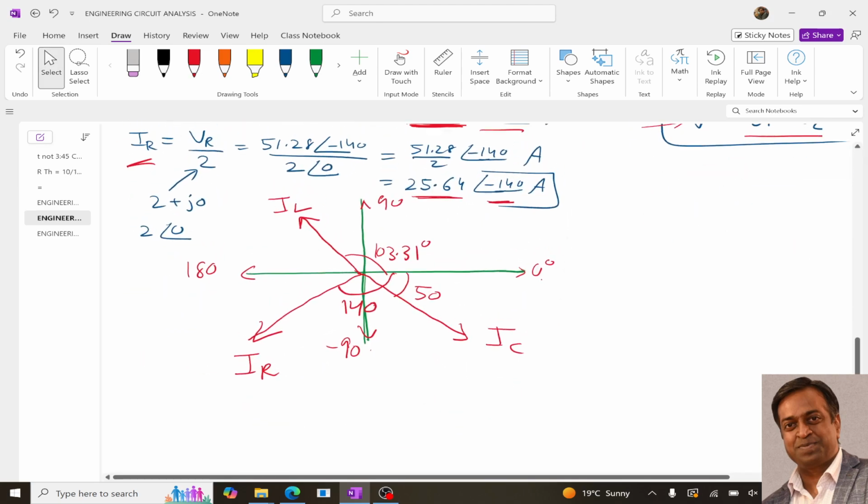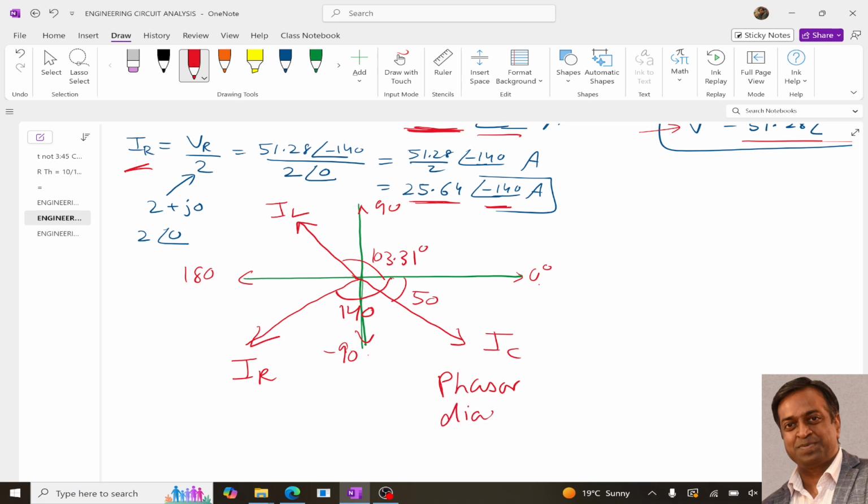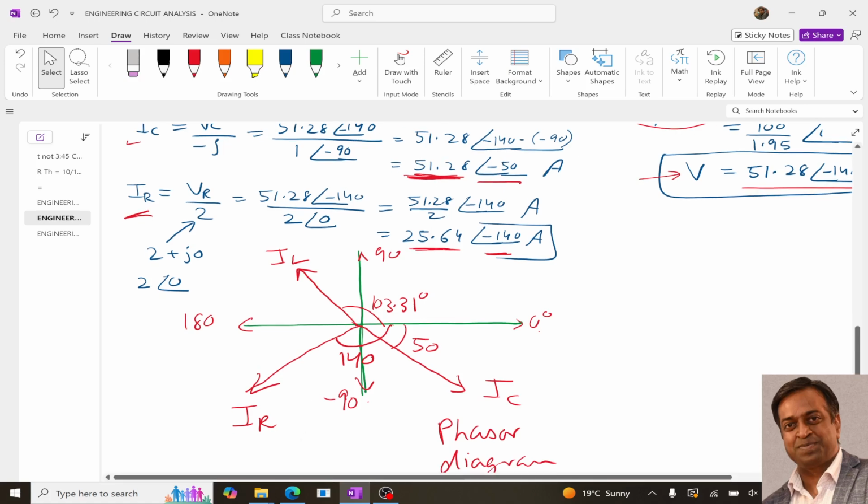So when we draw the phasors, like these are known as phasors, right? And this complete diagram is known as a phasor diagram, right? So over here when we draw these vectors IL, IR, IC, we can note the magnitude also.